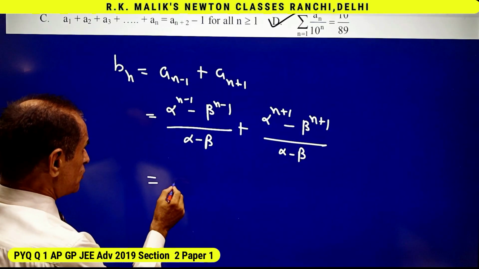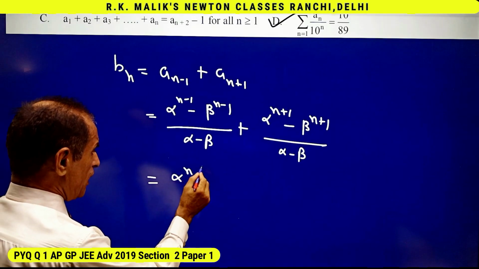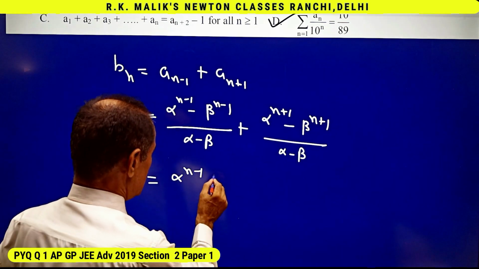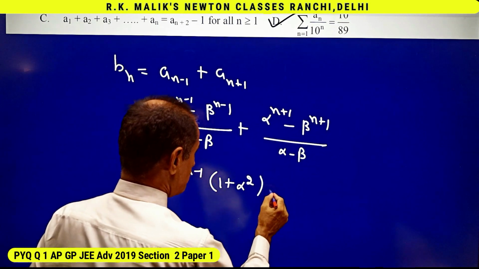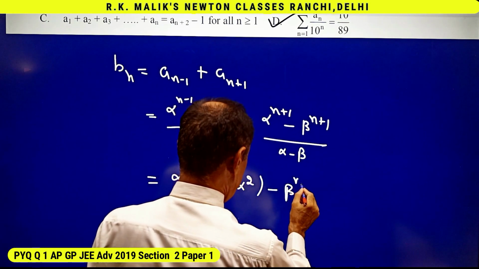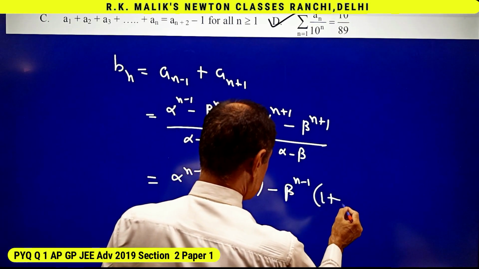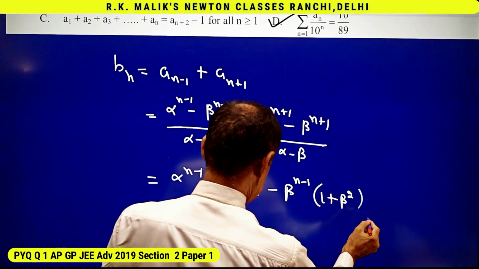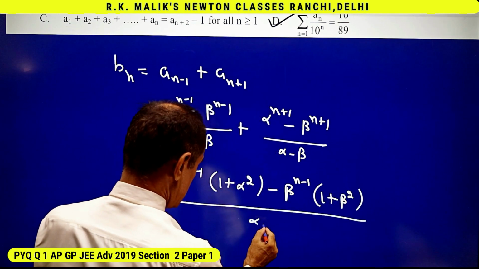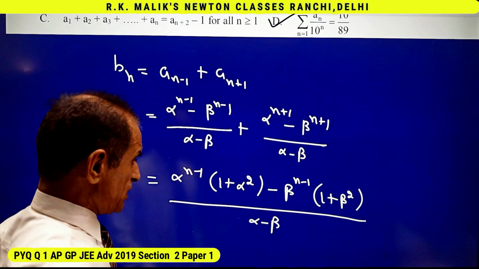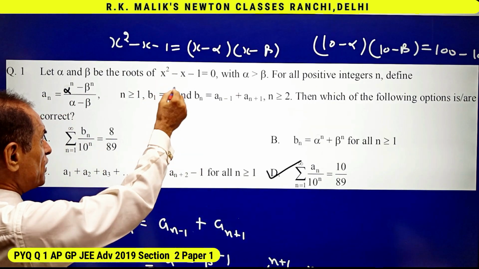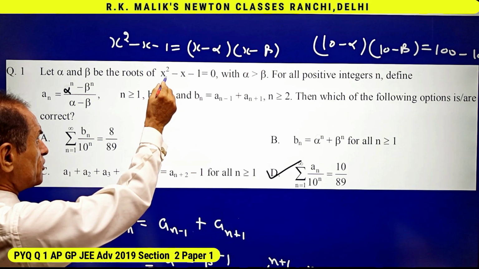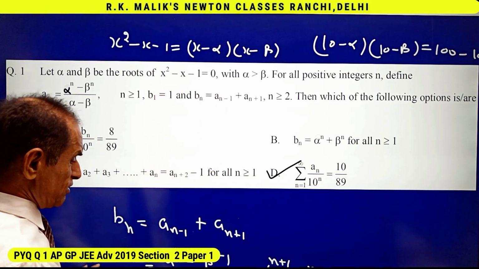This is equal to alpha to the power n minus 1 into (1 plus alpha square) minus beta to the power n minus 1 into (1 plus beta square) upon alpha minus beta. And clearly, because alpha is a root of this, alpha square is equal to alpha plus 1.